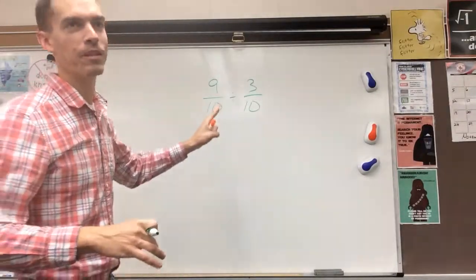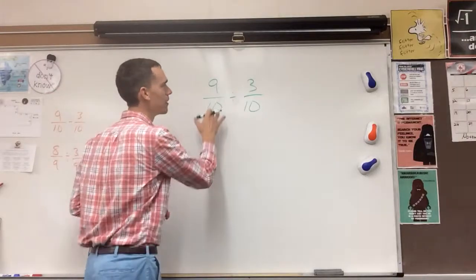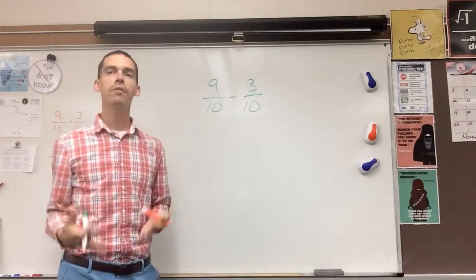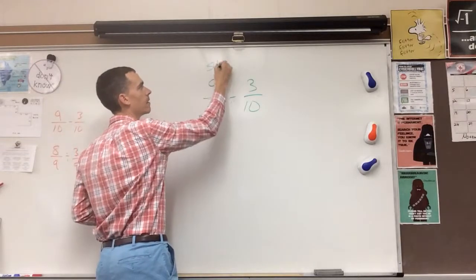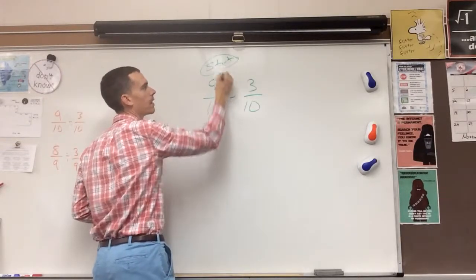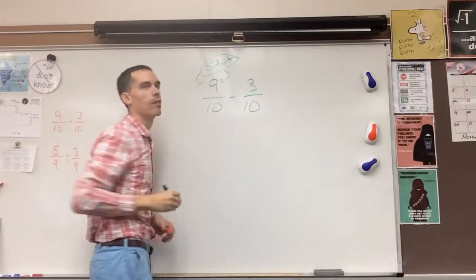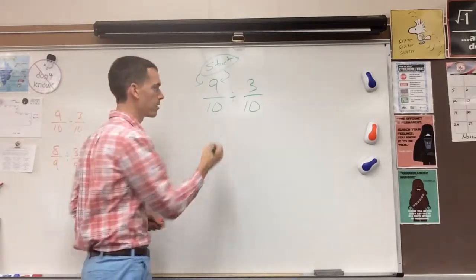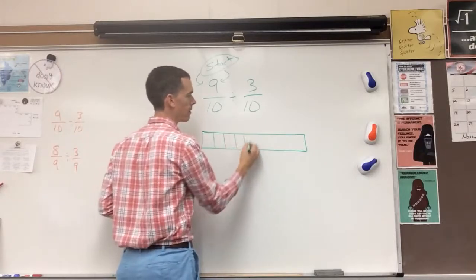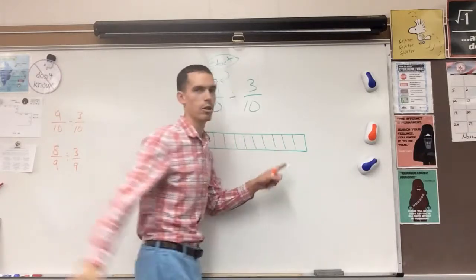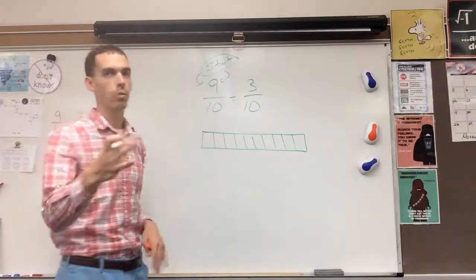9/10 divided by 3/10. So we have this value here, and we start. Yes, we always start with the model with the dividend, the first value here. This is where we start. Model this guy right here. So 9/10. So we have a model. And notice I draw 9 lines because there are 10 parts, 1 less line.